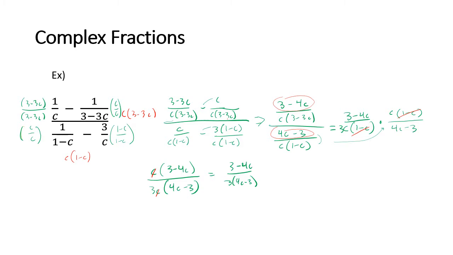If we take a negative out of the top, we'd be left with 4c minus 3. Because if you take a negative 1 out of a 3, you're left with negative 3. If you take a negative 1 out of negative 4c, you're left with positive 4c. So then we divide this by our 3 times 4c minus 3, and we can see those cancel, and the answer, surprisingly, is just negative 1/3.